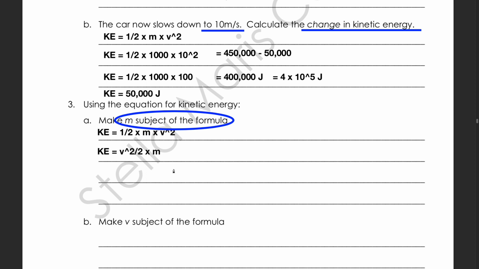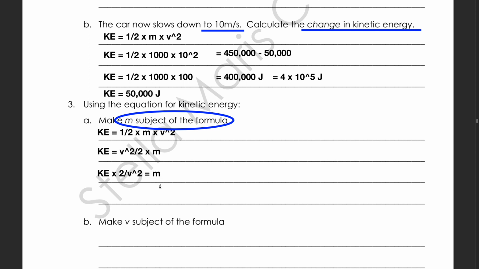Now, as you know from algebra, whenever you take something across the equal sign, if it is a multiplication, it will turn into a division, and if it is a division, it will turn into a multiplication. So basically, v squared on 2 will become 2 on v squared. Things are going to flip. That will give us KE times 2 divided by v squared equals m.